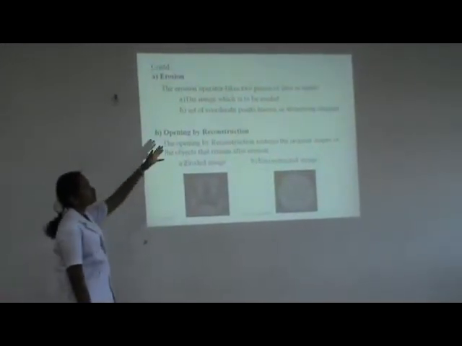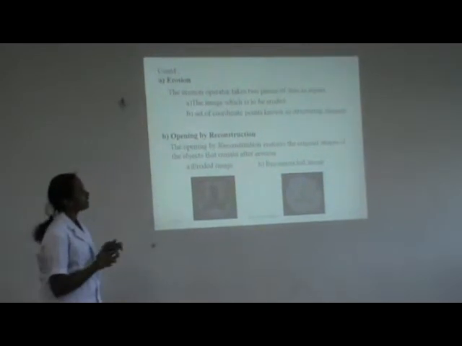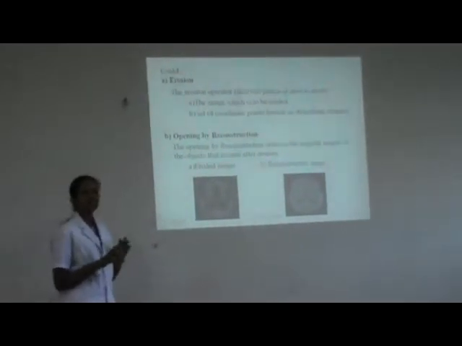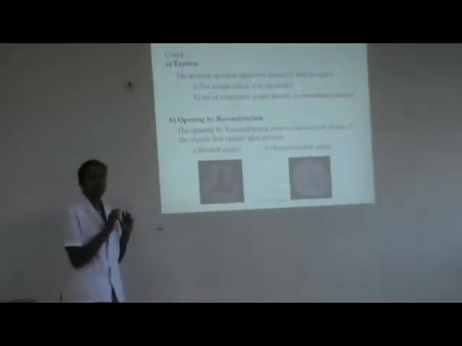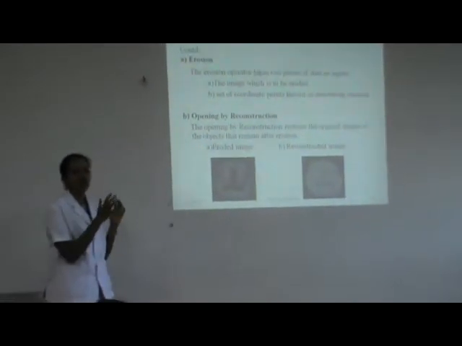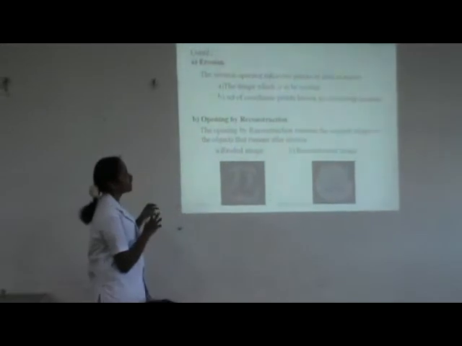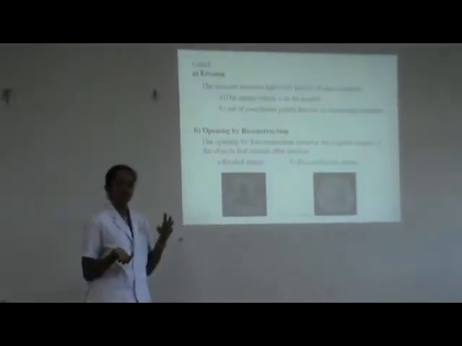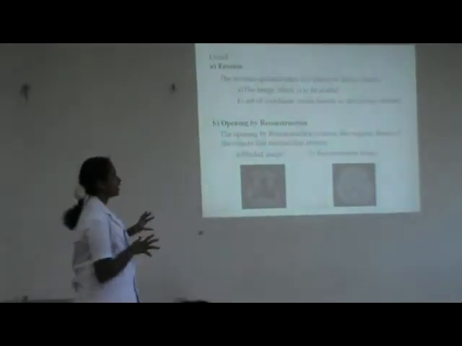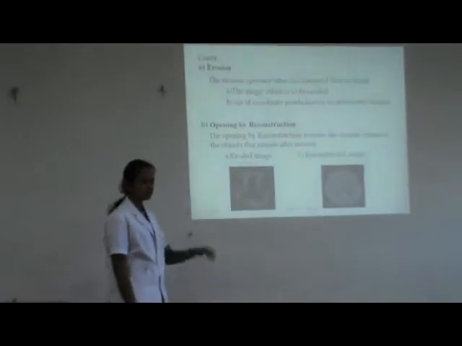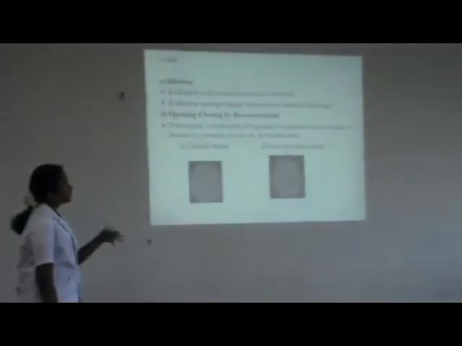Erosion, as I said before, will shrink the data. We have studied this in DIP already. We consider a structuring element, and depending on that we construct all these images. If we do erosion, it will shrink the image, and if we go for dilation, it will expand the image.